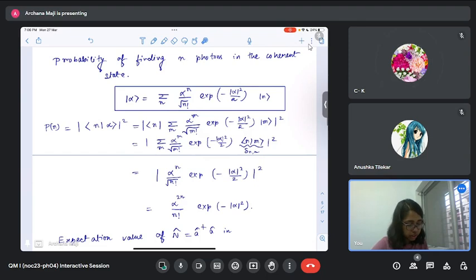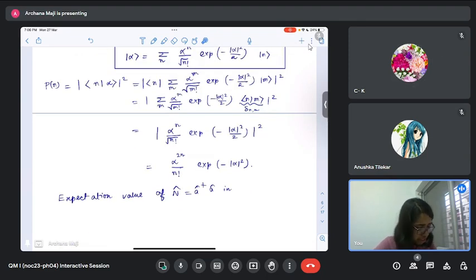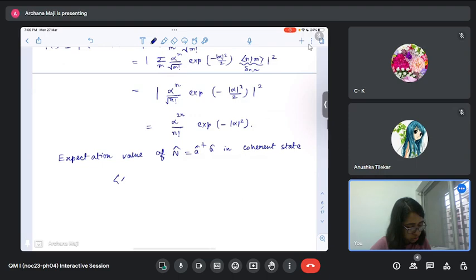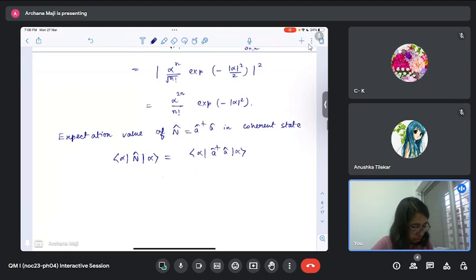No. Okay, expectation value of a number operator in the coherent state. What is that? So alpha, n, alpha, which is alpha a dagger a alpha.